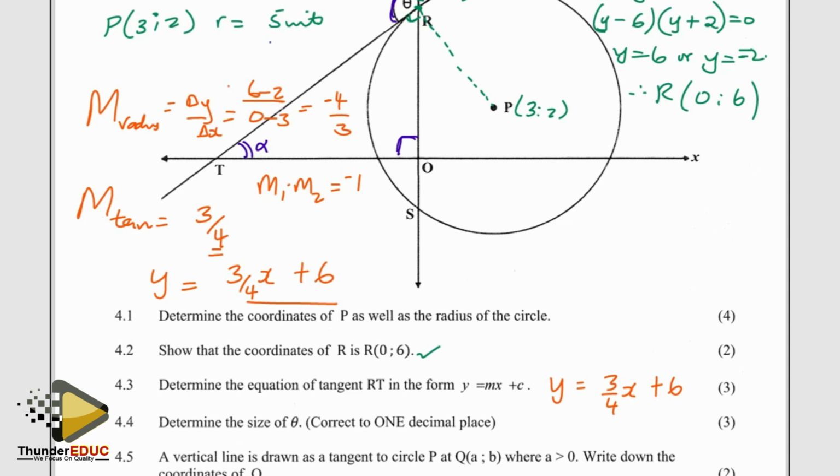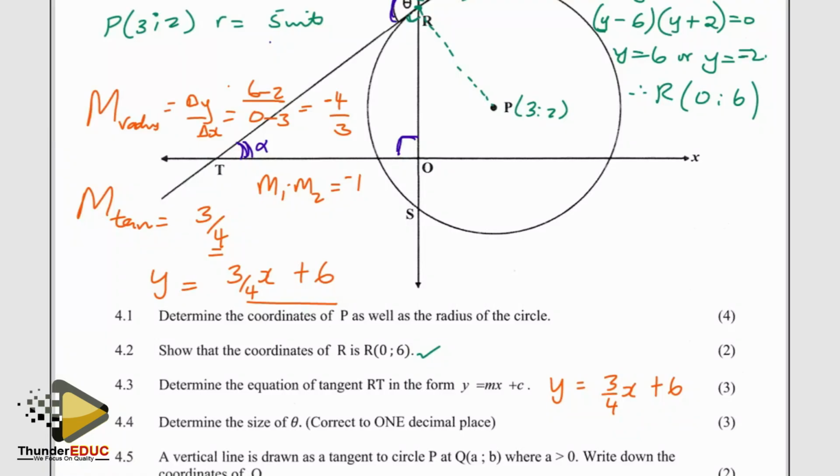We need to get this angle first, and then we add the 90, then we have our theta. Since I have the gradient of this line, which is 3 over 4, I can start by finding the angle alpha.